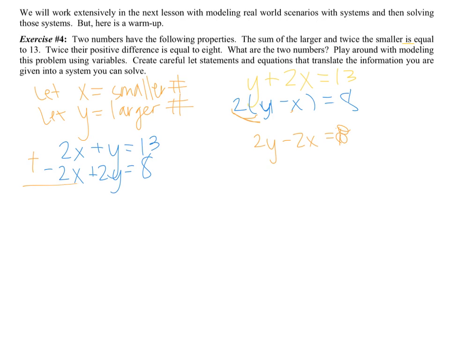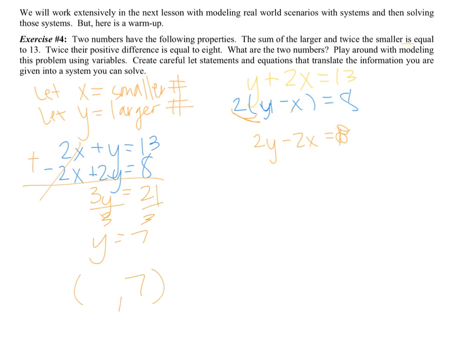Now we have our giant addition problem, and you see the x's eliminate. So 3y equals 21. Divide both sides by 3, and y equals 7. So finding that first one's pretty easy. Now we're going to substitute.